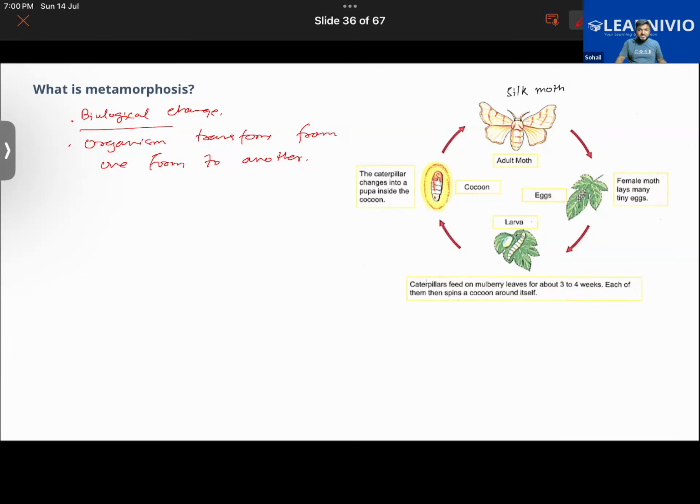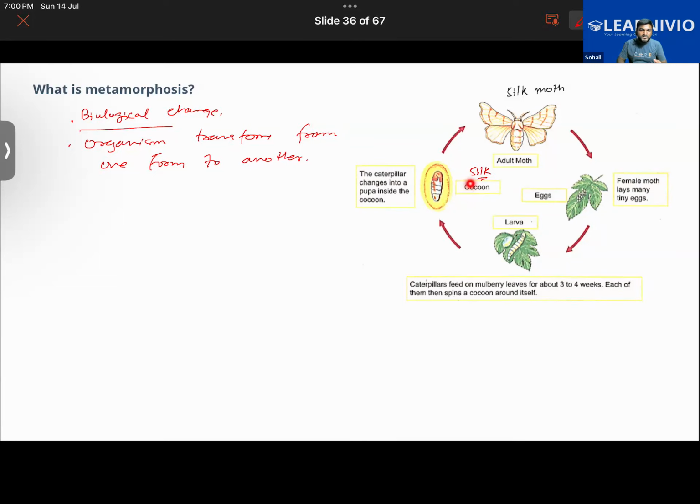Like for example, consider the same example. You see that this larva further converts into a cocoon. You would have seen how a cocoon looks. If we talk about the silk cocoon, from this we obtain silk fiber. What this larva does is it secretes a gummy substance from its mouth and wraps itself in that fiber.